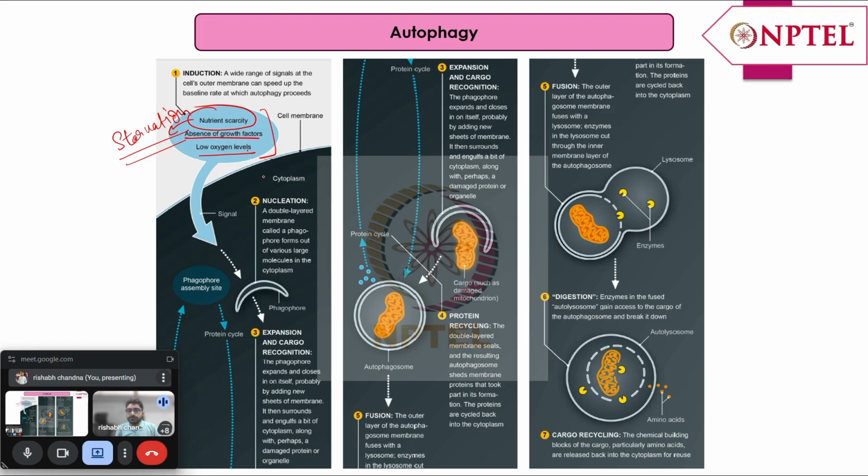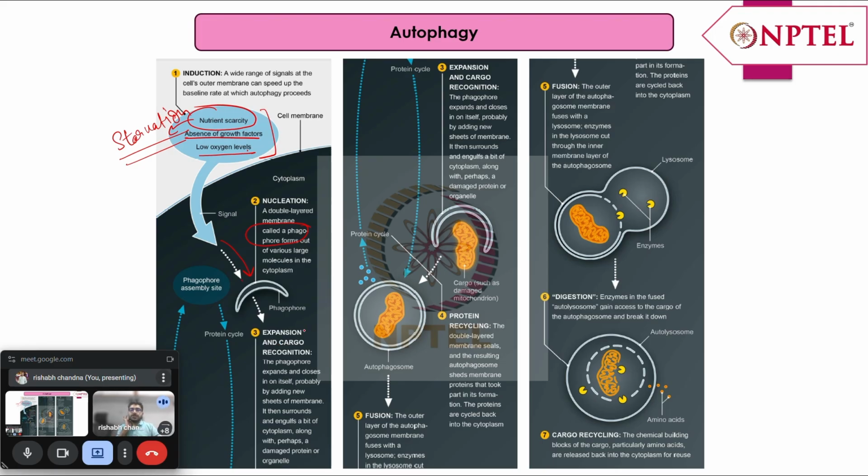Okay, so these signals then introduce the formation of a double layered membrane structure called a phagosome or phagophore. This phagophore is dependent upon the type of molecule that needs to be degraded, that needs to be eaten.